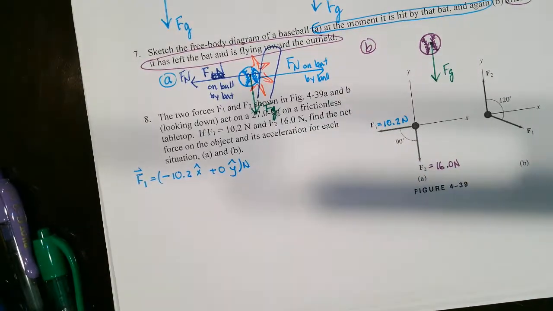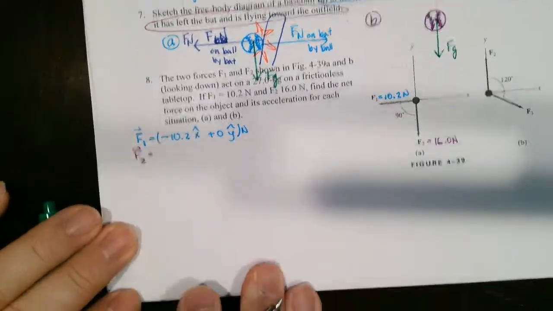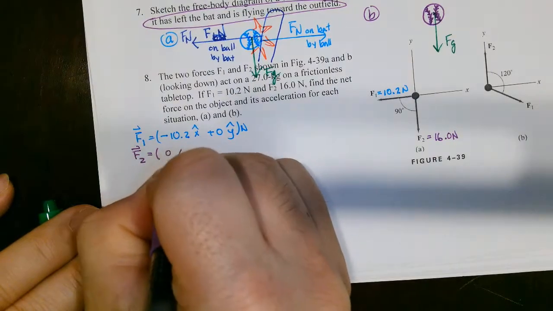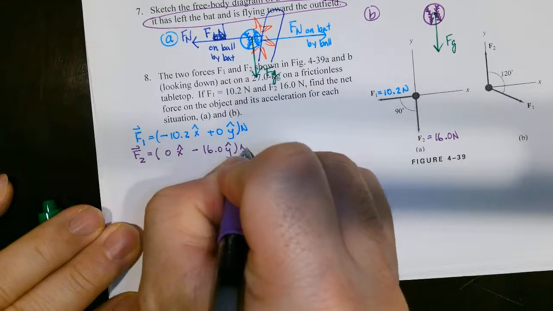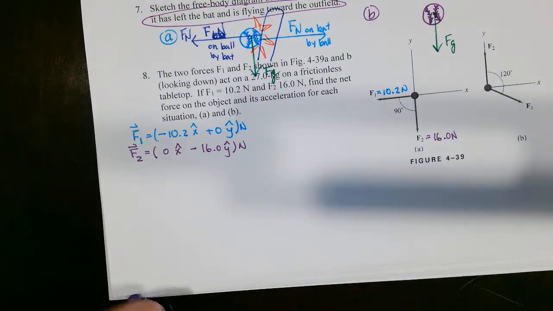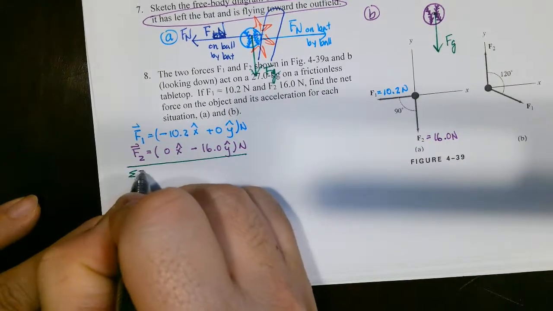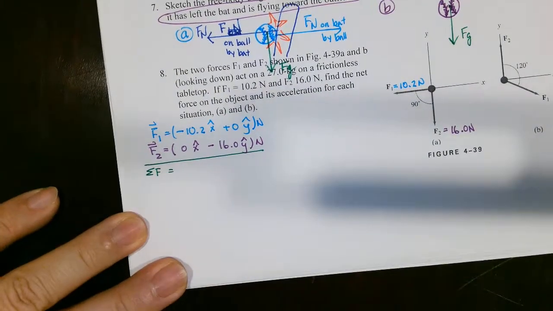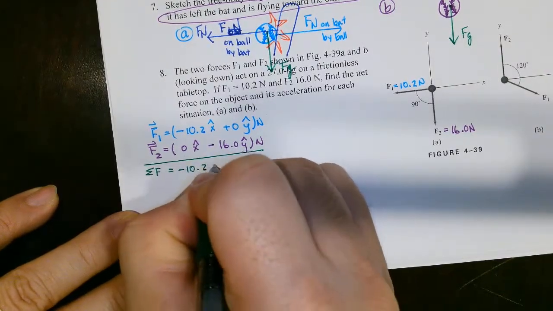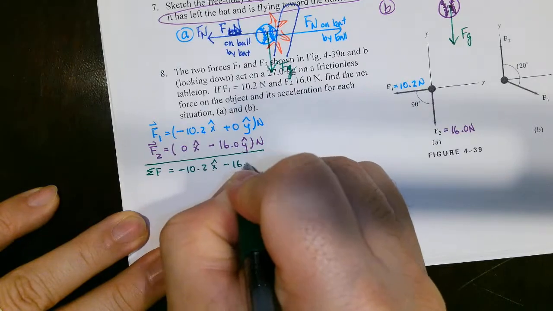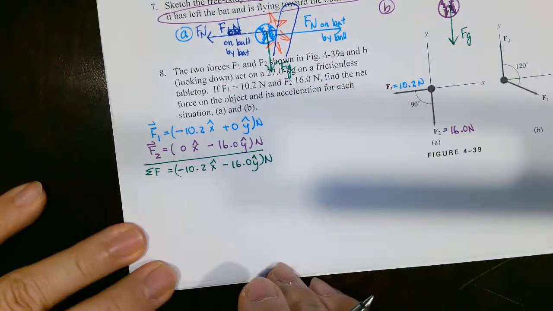And F2 happens to be 0 x hat negative 16.0 y hat newtons. So the net force happens to be negative 10.2 x hat minus 16.0 y hat newtons.